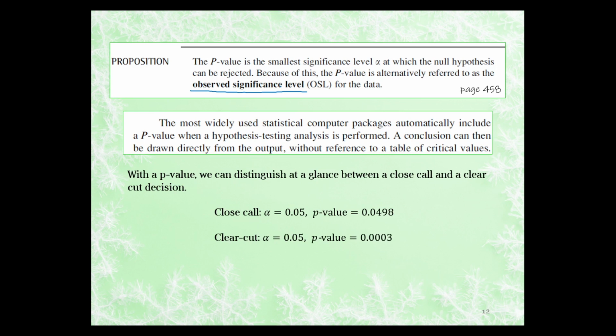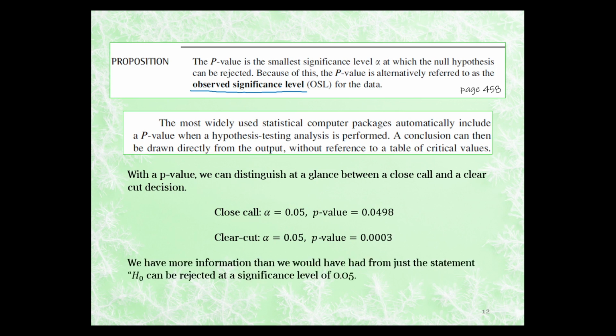A clear-cut decision would be where your p-value is significantly different from your alpha, and by that I mean significantly smaller than alpha. In your textbook they also refer to people talking about the p-value being significant or not significant. And by significant, we mean significantly smaller than alpha.